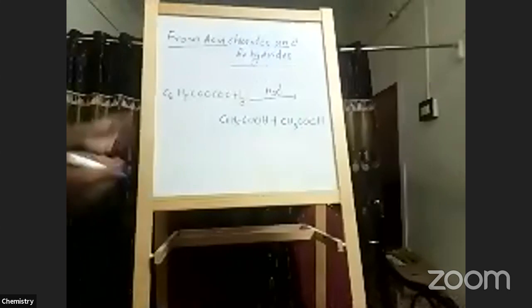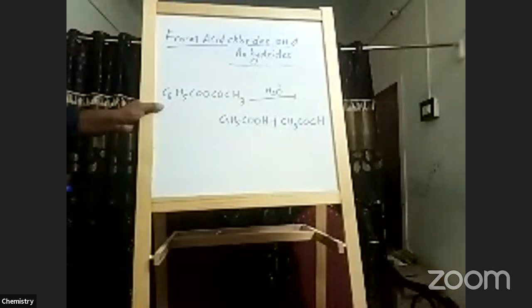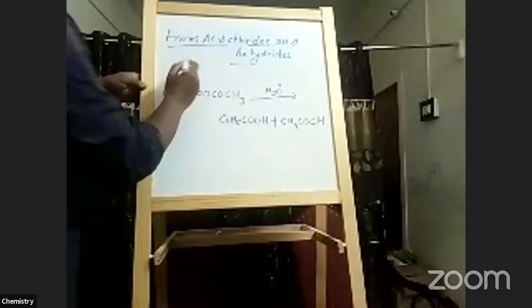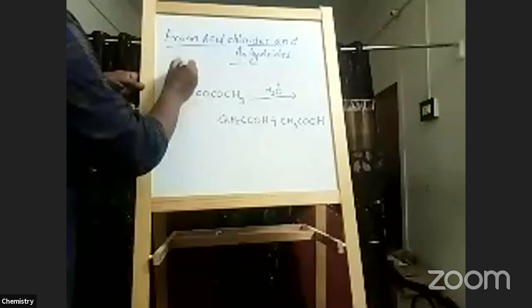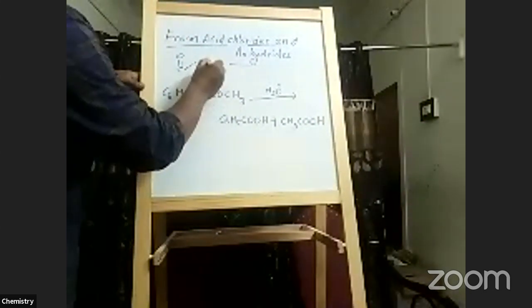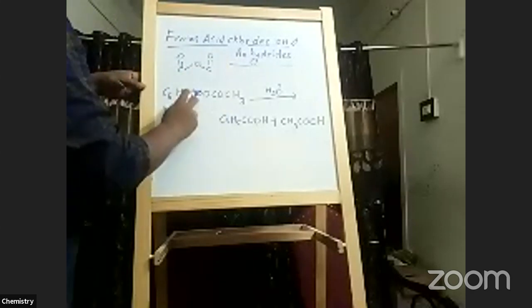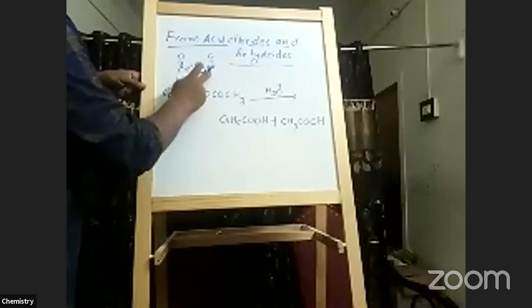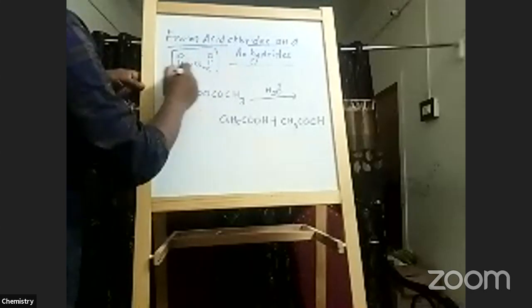Once again, this is the anhydride, with CO, oxygen, and CO, this is the functional group.